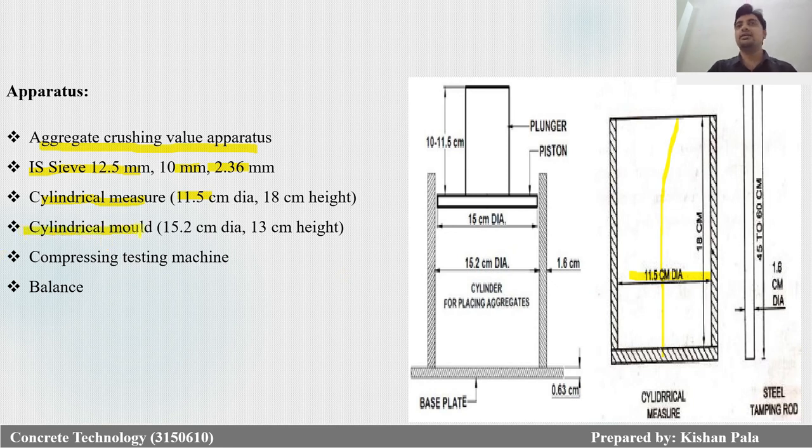A cylindrical mold is also used for finding the crushing value of the aggregates, with dimensions of 15.2 centimeter in diameter and 13 centimeter in height. You need a compression testing machine for applying the compression load, and you need a balance.